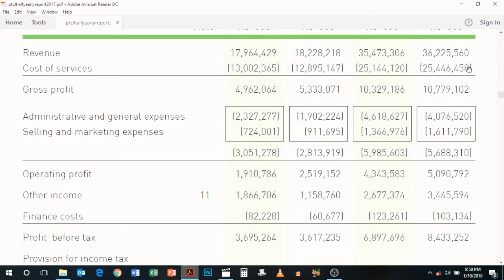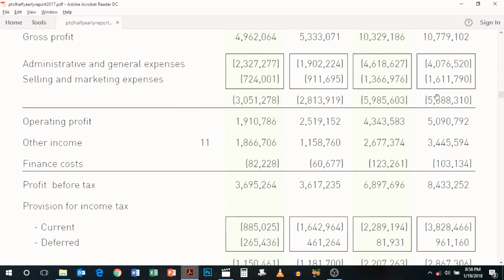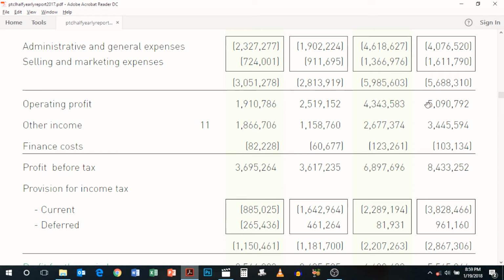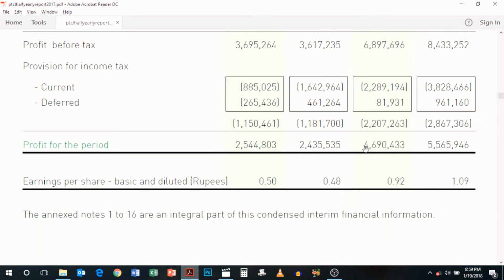Now, if we were to briefly analyze the income statement, we would see that revenue has fallen from last year. So has gross profit. So has operating profit. And we see the same with net income.